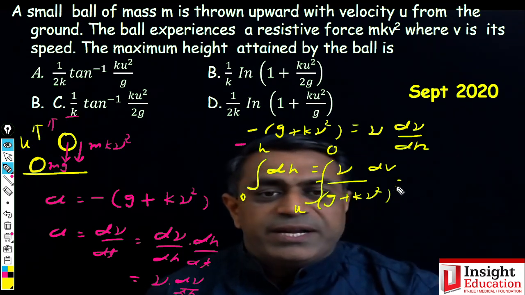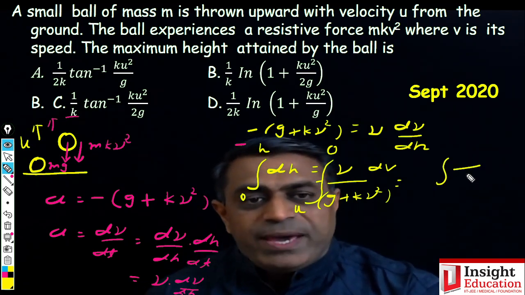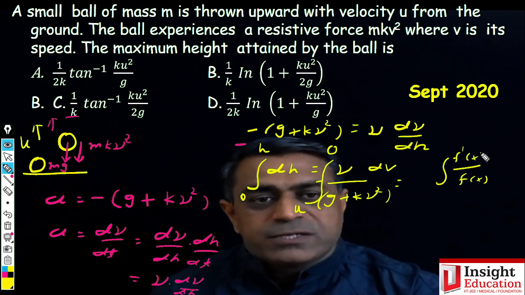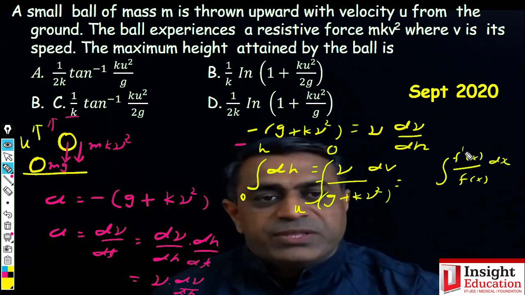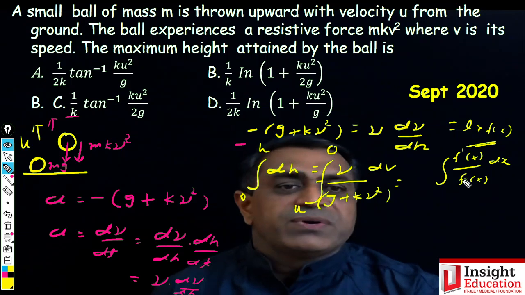So integrate it. This is an integration of the type integration of f dash x upon f x dx, and that is log of f x. So this is the equation.